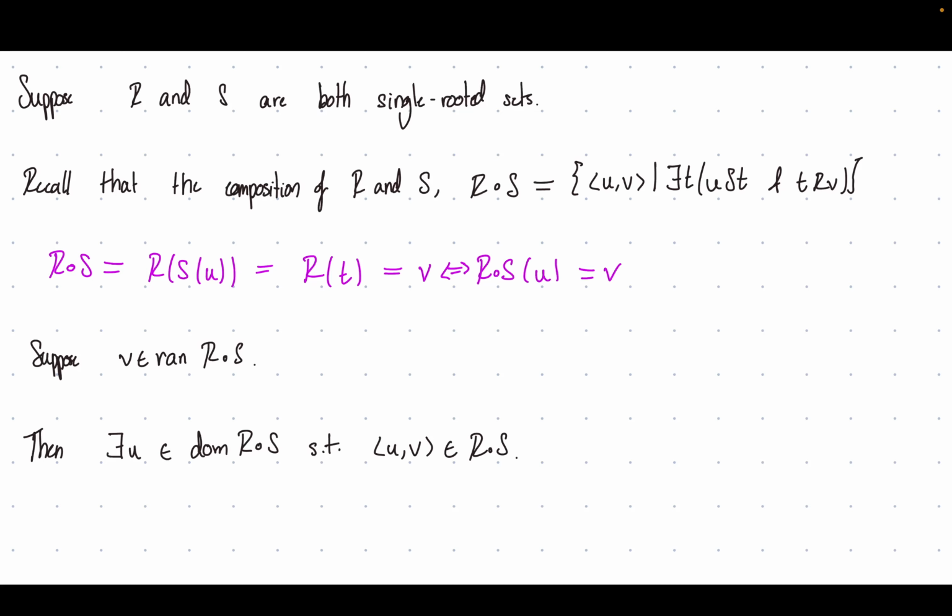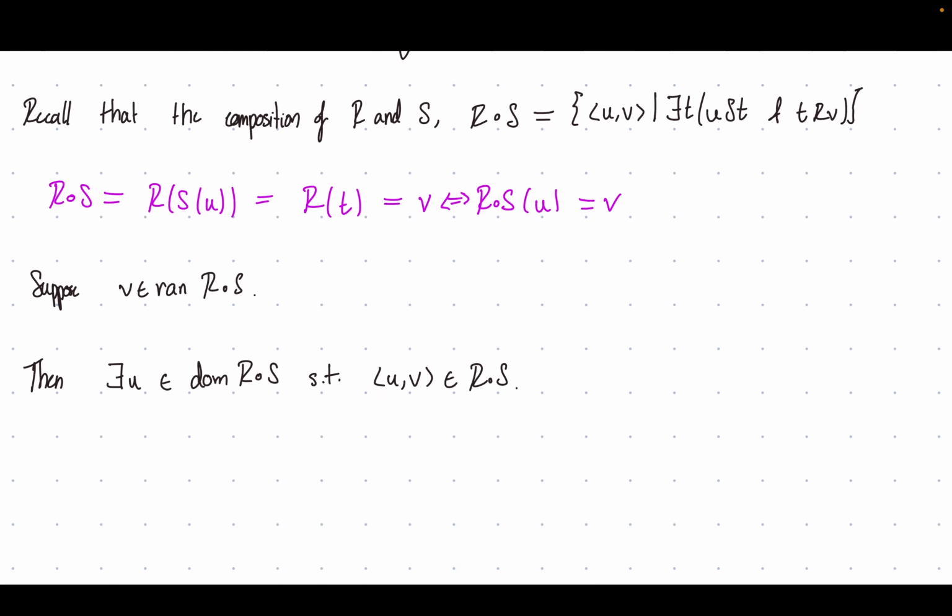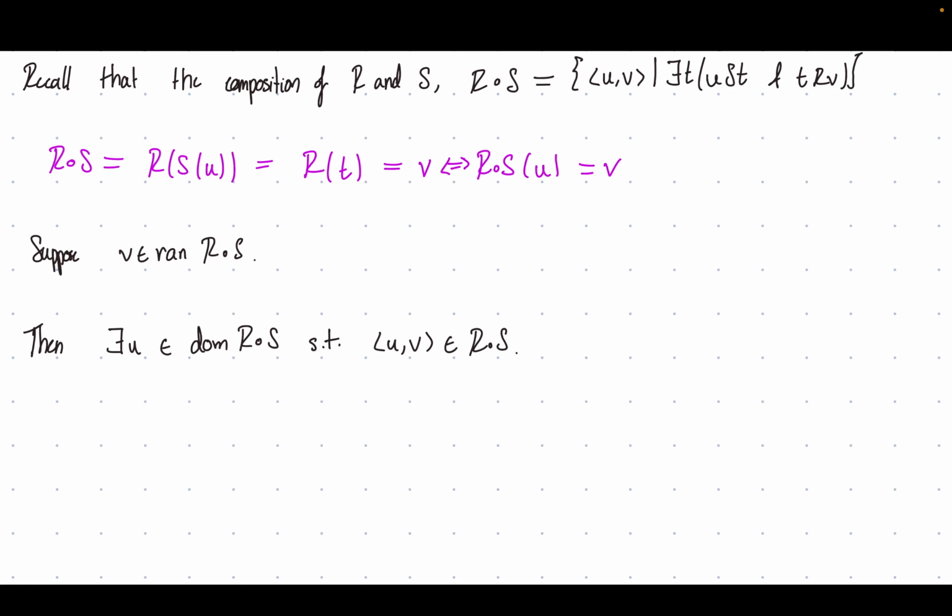So now we're going to show that this U is unique, right? So now suppose that there exists some W, some different W, or maybe just some W.